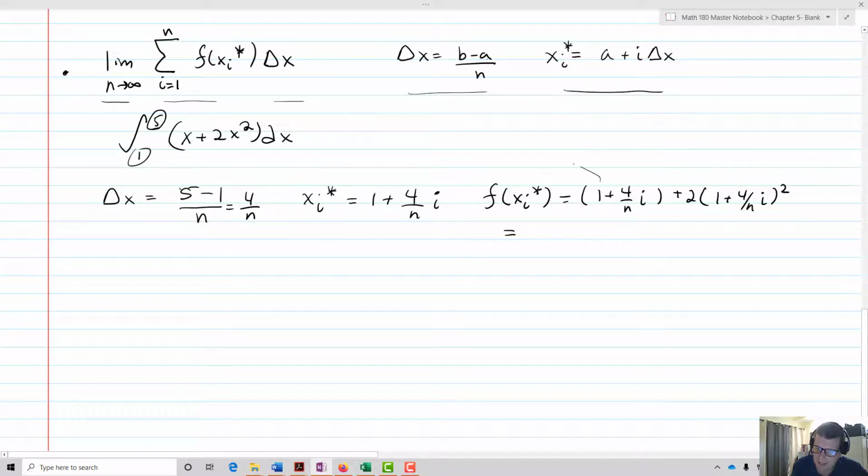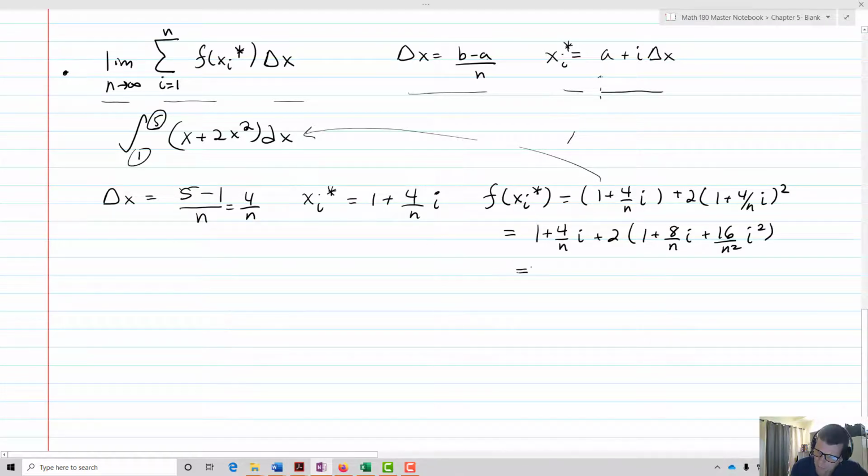Notice that what I've done here is I've inputted xi star in for my x's inside of the function. So the xi star has gone into the function as its x's. And so this is going to give me then 1 plus 4 over n i plus 2 times 1 plus 8 over n i plus 16 over n squared i squared.